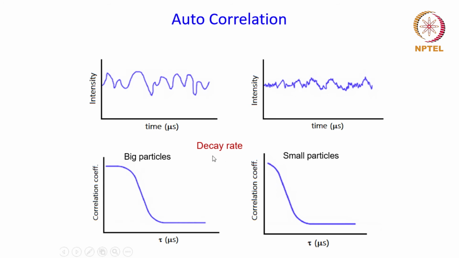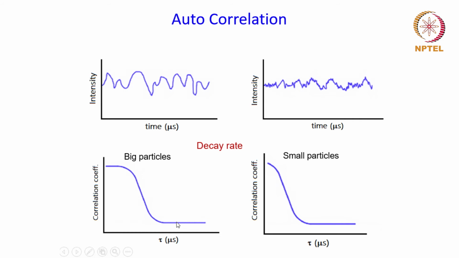So it's about the decay in the correlation, or the decay rate that we are talking about. We have already seen that the frequency of intensity fluctuations for the bigger particles is smaller compared to that for the smaller particles. And therefore, the decay in the correlation will be slower in case of the bigger particles.